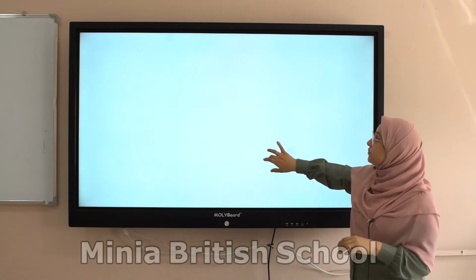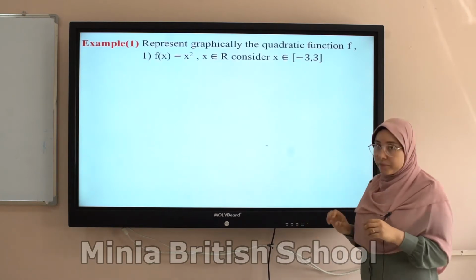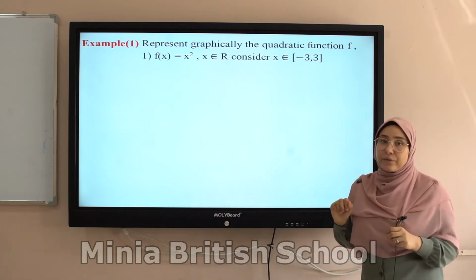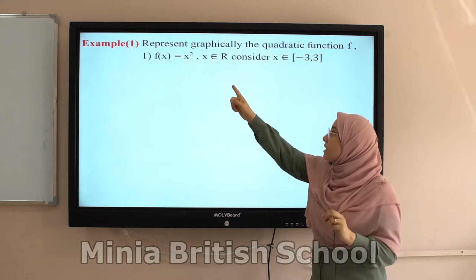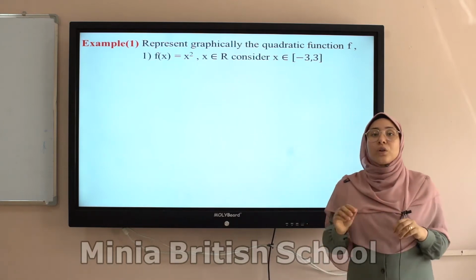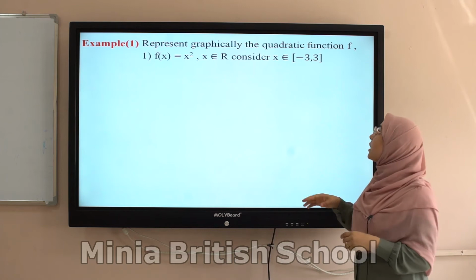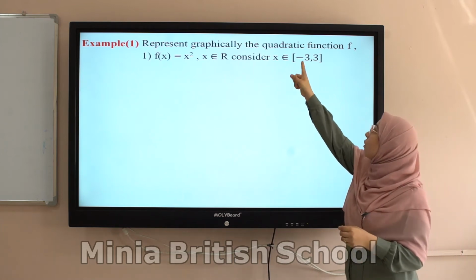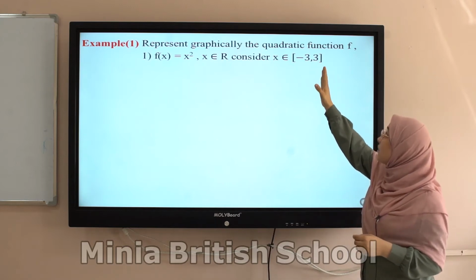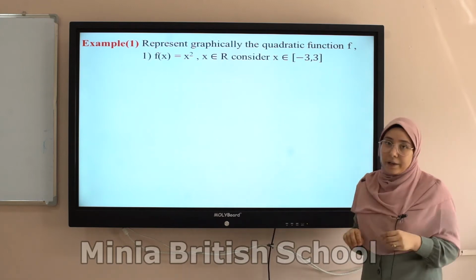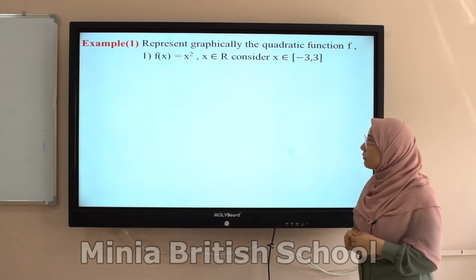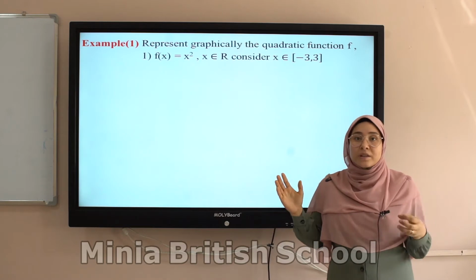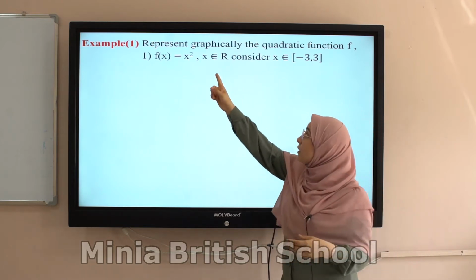For example, example number 1: represent graphically the quadratic function f, where f(x) equals x^2 and x belongs to the closed interval [-3, 3]. Now, I need to find some ordered pairs which belong to this function.